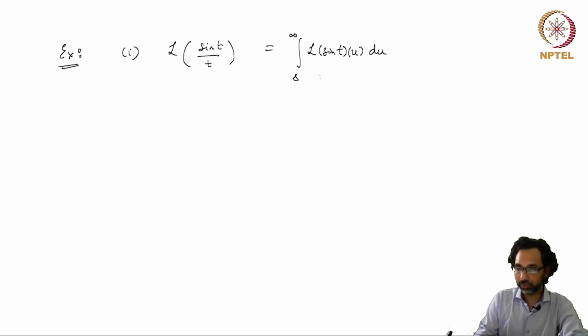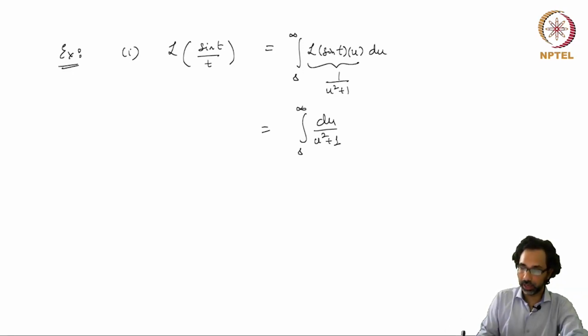Now the Laplace transform of sin t is simply 1 over u squared plus 1. So this is in fact the integral of du over u squared plus 1, and this is a well known integral. The antiderivative is given by tan inverse u, from s to infinity.